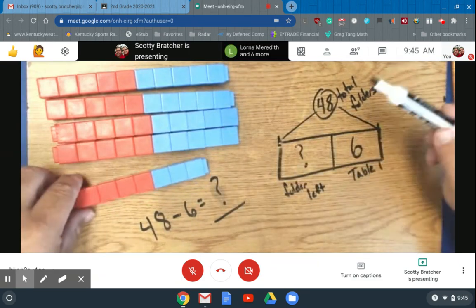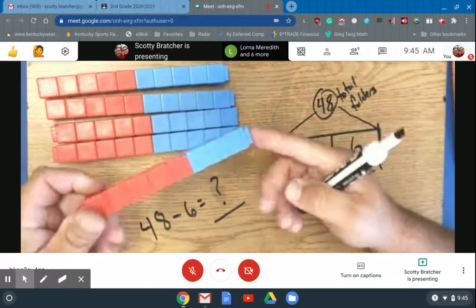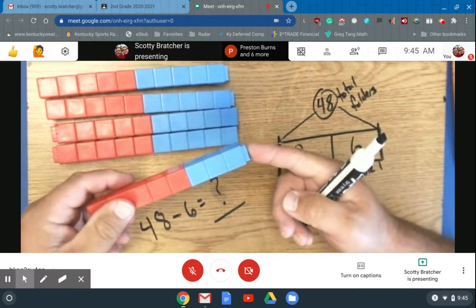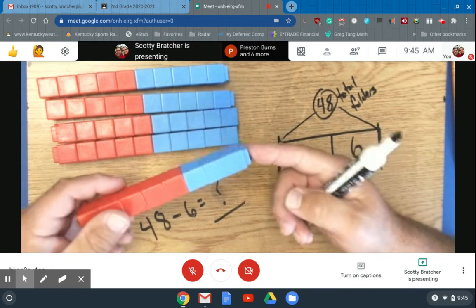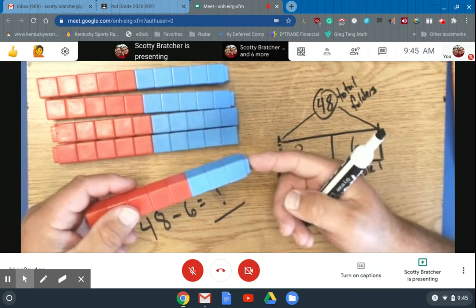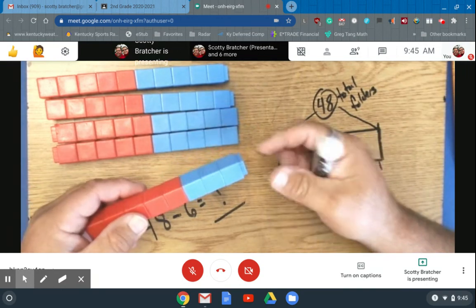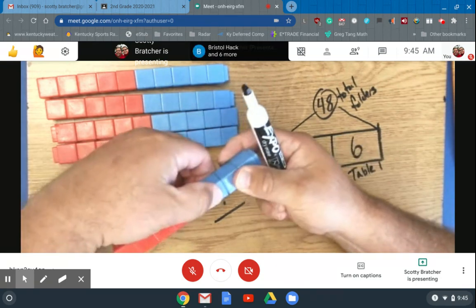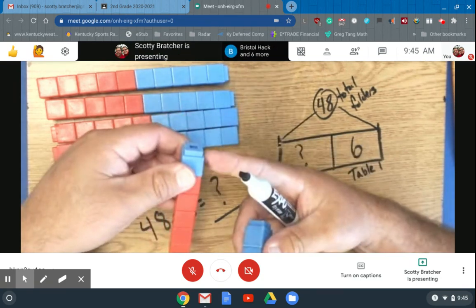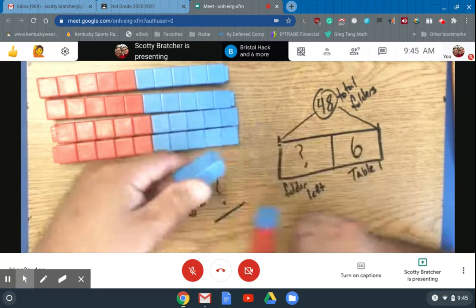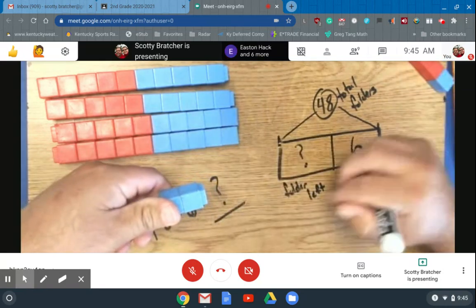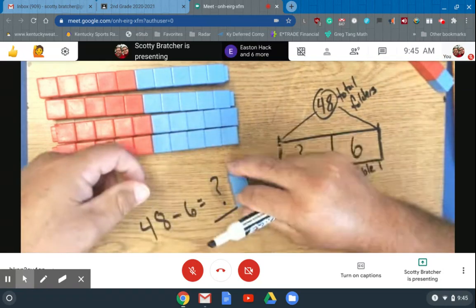So I'm just going to worry about the ones right now. I've got 8 ones. If I take 6 ones away from the 8 ones, what's left? 2. It's 2, because look, I'm going to take the 6. I know that's 6 because it's 5 and 1 more. And it leaves me with 2. I'm going to put it right here.